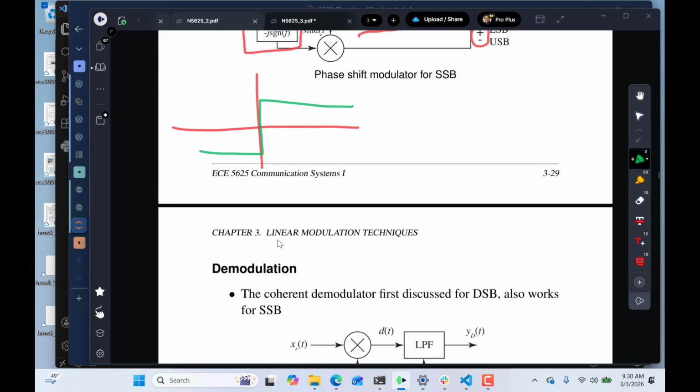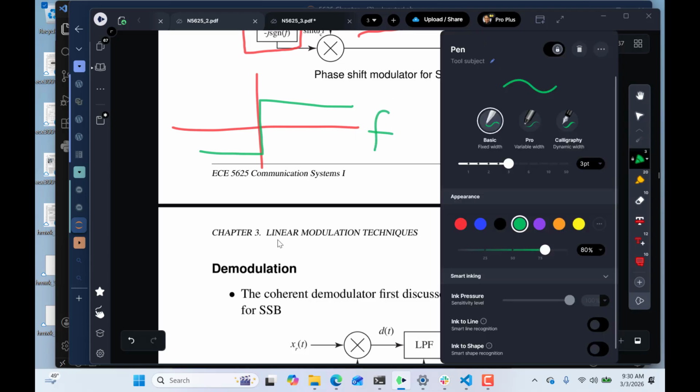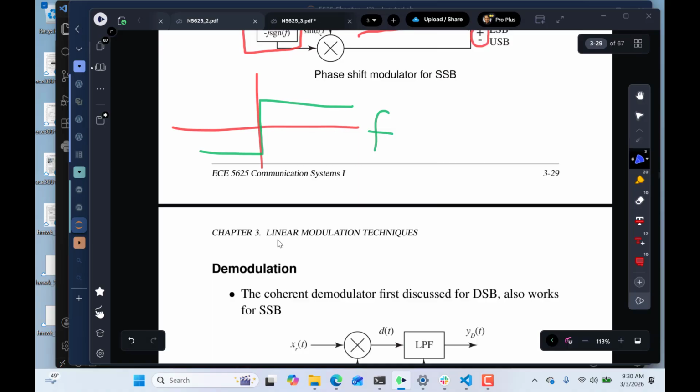It's positive when f is positive and negative when f is negative. So what happens when you build a real signum function filter that tries to behave this way? It ends up having some problems at DC. It might not pass DC at all. As a matter of fact, it won't, because the definition of the signum function, remember, is 0 at 0. So you can't have DC.